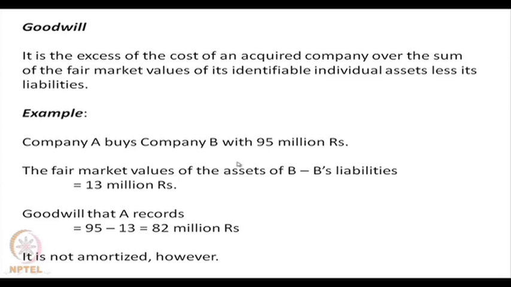That means, if it sells the assets of B and pays the liabilities, then it only has 13 million rupees surplus. So, which means that company A has invested 95 minus 13, 82 million rupees more than the actual net assets of company B. This excess amount that it has invested over the fair market values of the identifiable assets less the liabilities is known as goodwill.